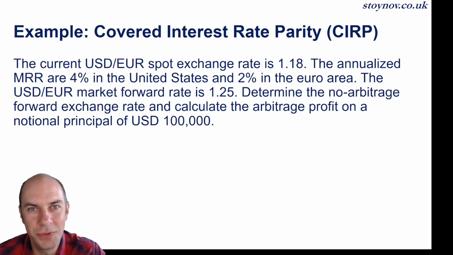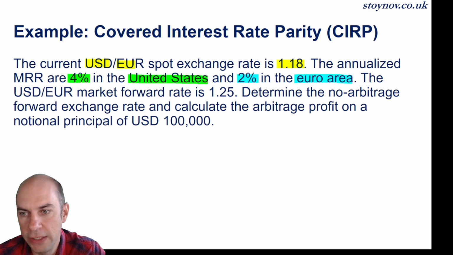Let's illustrate this with a numerical. The current USD euro, again, that is the price, that is the base, so dollars per euro, exchange rate is 1.18. So that means $1.18 buys me 1 euro. The annualized MRR is 4% in the United States. And then you've got 2% in the euro area.